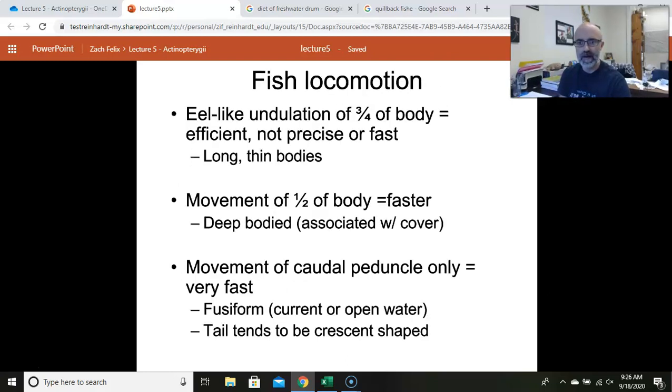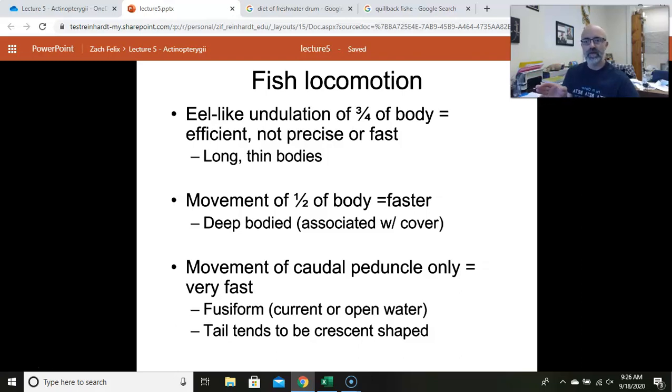Okay, some patterns in body shape and movement, locomotion. The trade-offs here are things like precision. So how can you move exactly where you want to? It's about efficiency, and it's about speed.